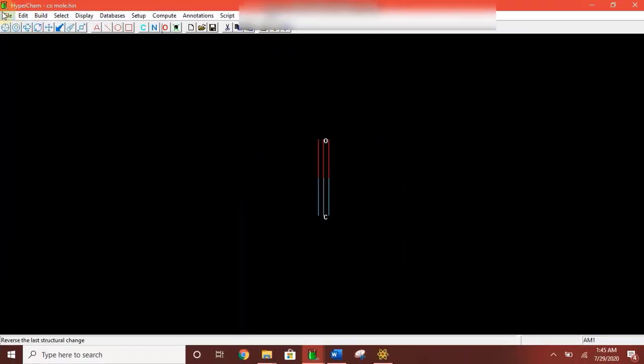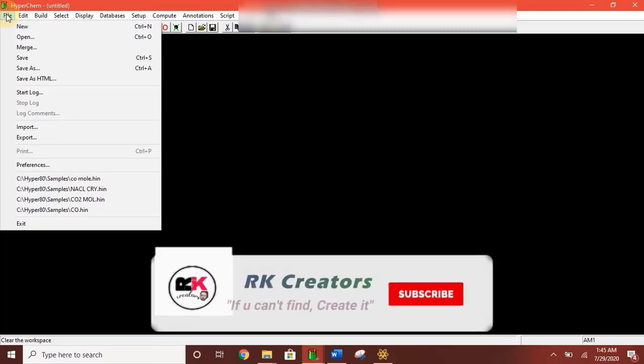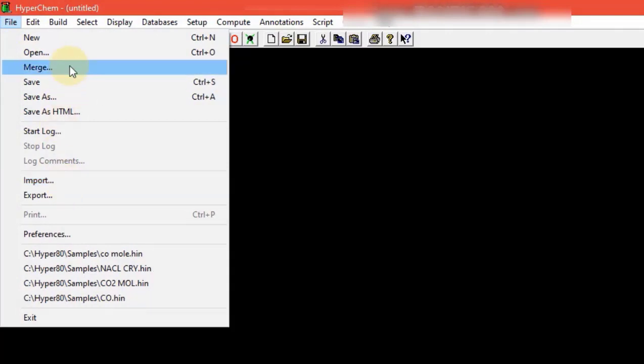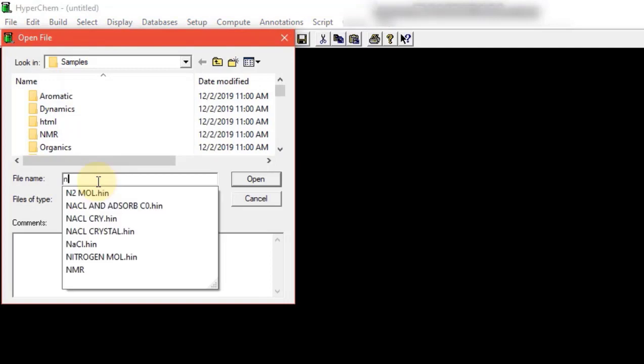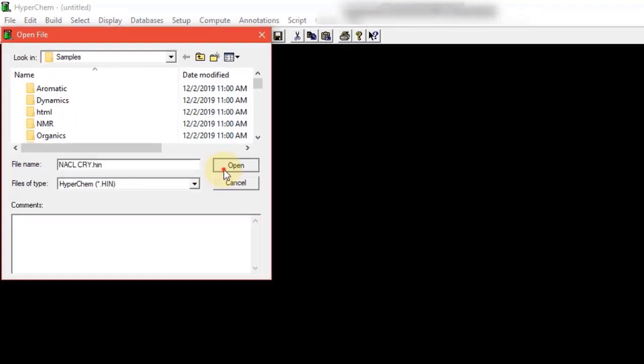Now we need a NaCl crystal, so we don't draw it again. We use the saved one. So click on the file option, then select the option open, then write here NaCl crystal, select the option open.